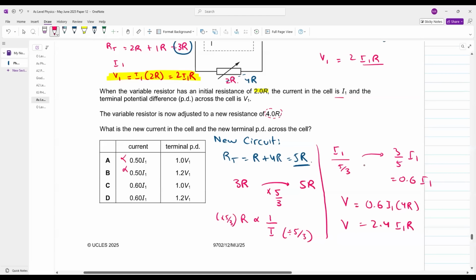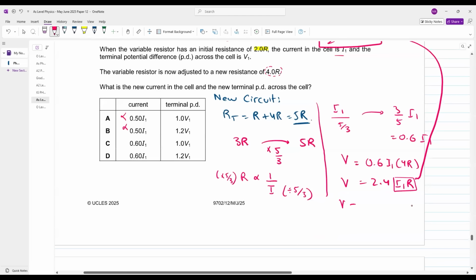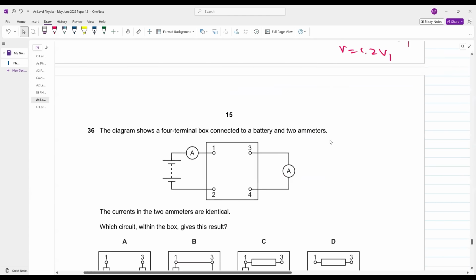Can I make I1R the subject? Yes. V1 over 2 is equal to I1R. Let's substitute this I1R here. The new voltage is equal to 2.4 into V1 divided by 2. This becomes 1, this becomes 1.2. The new voltage is 1.2 V1. D is your final answer. Easy peasy lemon squeezy. Let's move ahead.